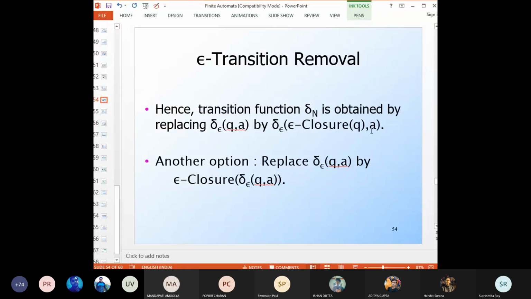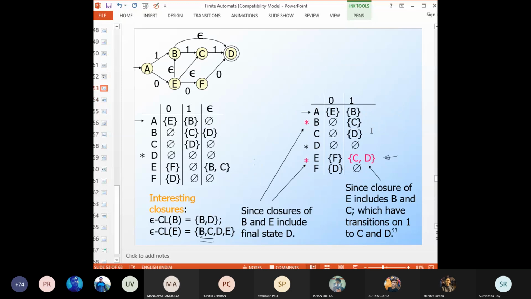So what is the epsilon closure? To go back to the previous slide, the epsilon closure of E is B, C, D, E. So epsilon closure of this, where it is going on the input, here A is 1. So input 1. So all those states are appearing as the destination.